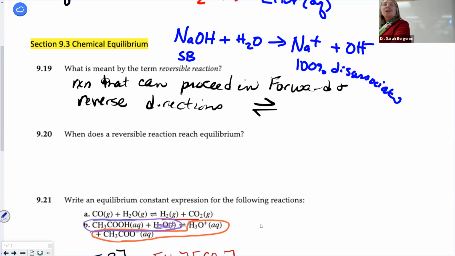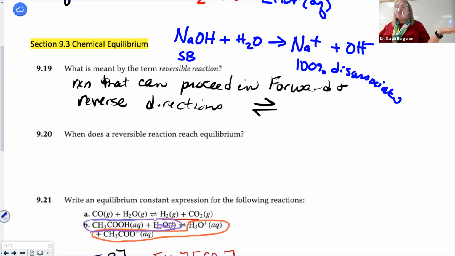But not all reactions proceed to 100%, right? We've seen that in any equation where we have this double-sided arrow, right? What does that double-sided arrow tell you? You're making some products and you still got some reactants, right? But the question is, how much of each, right?